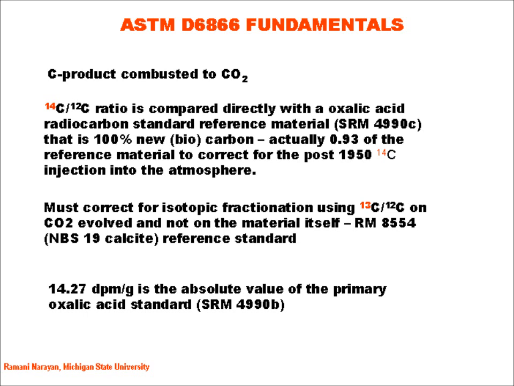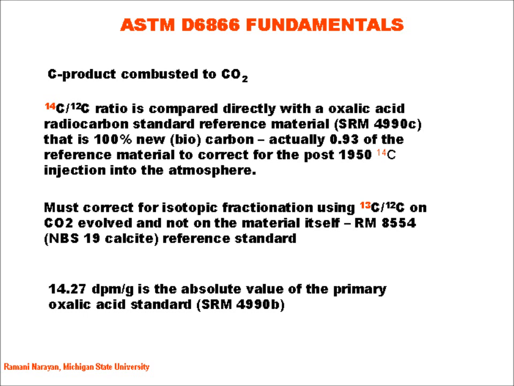I'll skip this, and bottom line, for those of you who are interested, the oxalic acid standard used is SRM 4905, and the absolute value is 14.27 disintegrations per minute per gram for that oxalic acid standard.